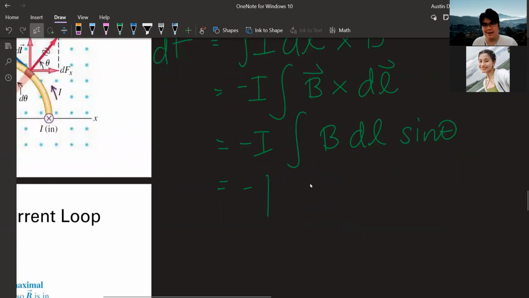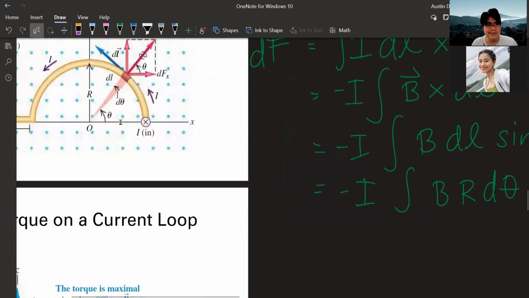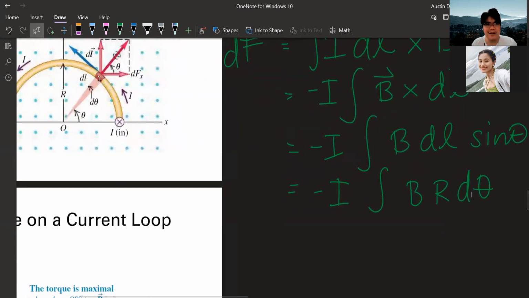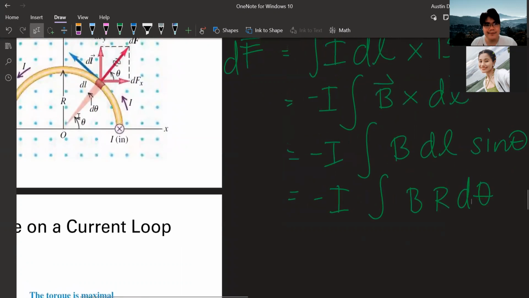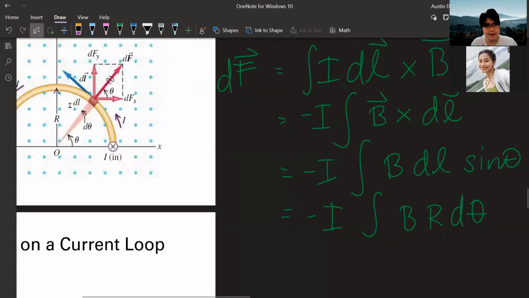So we have negative I, B, R, d theta. Okay, so d theta is a small increment of that line. Tapos, mumultiplyan mo ng radius para makuha yung small arc length. Okay.